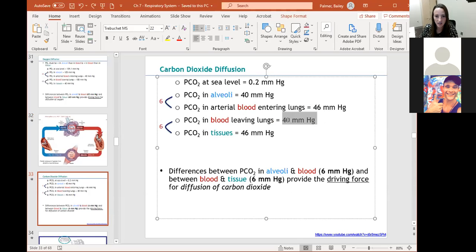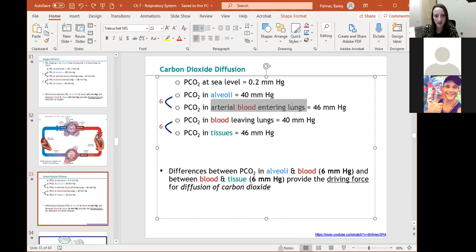So now we have a driving force of 6. The reason it's a lot lower, 6 compared to 60, is because carbon dioxide diffuses more easily. It has a greater coefficient, which means it diffuses more easily into a tissue. It doesn't need as much of a driving force or a pressure pushing it. So here, 6 millimeters of mercury for each location.